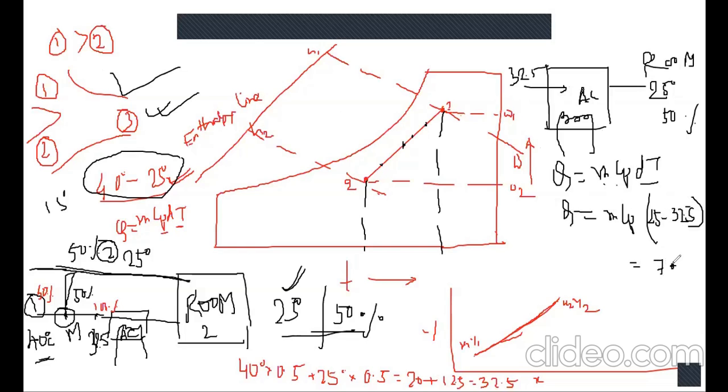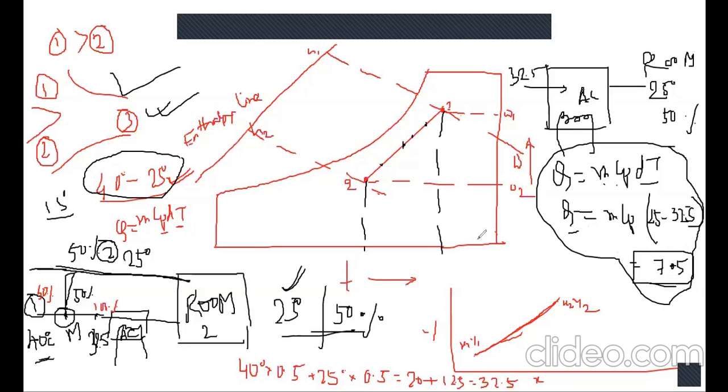The temperature difference is 7.5. So we require a lower tonnage of AC, because the AC has to reduce only 7.5 degrees compared to 15 degrees. So the capacity or tonnage of the AC is less here.